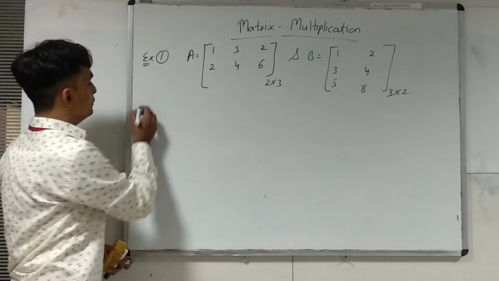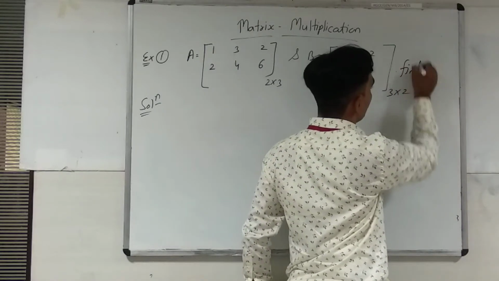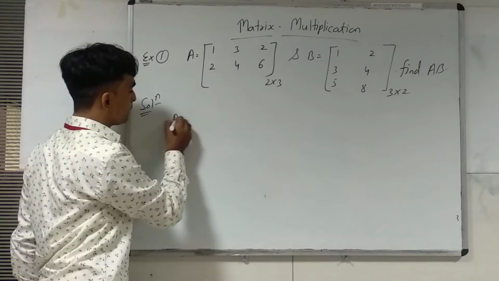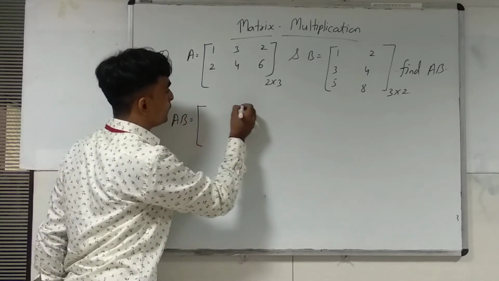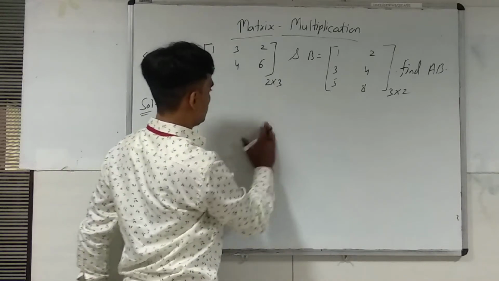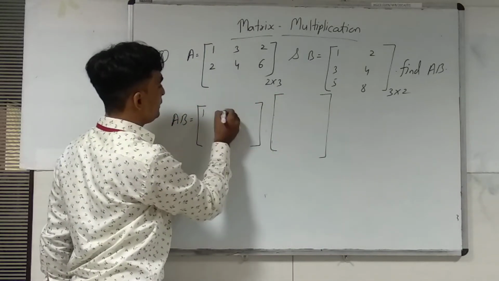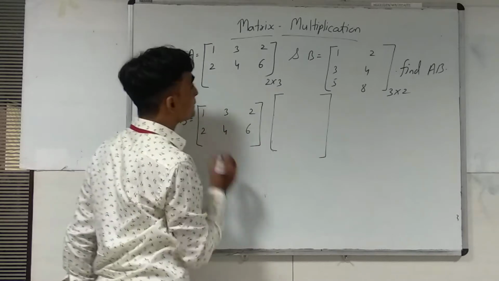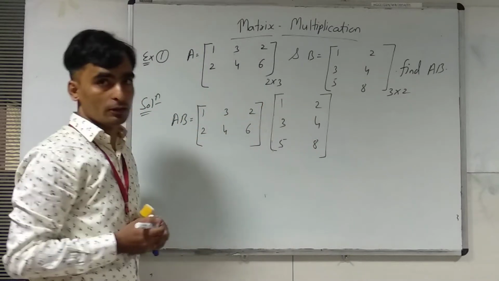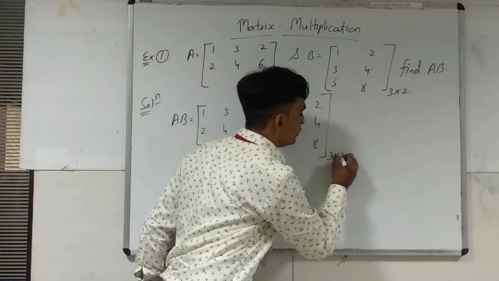From the solution point of view, here I write: find AB. So for AB, A is 1, 3, 2, 2, 4, 6 and B is 1, 2, 3, 4, 5 and 8. This is 2 cross 3, and this is 3 cross 2.